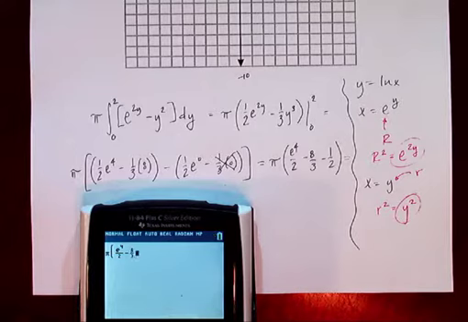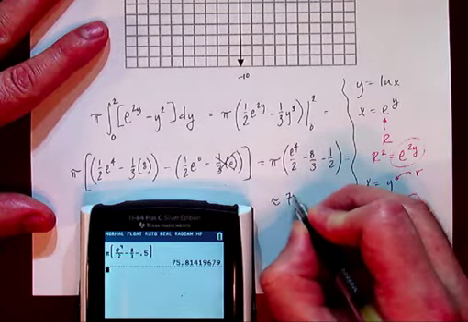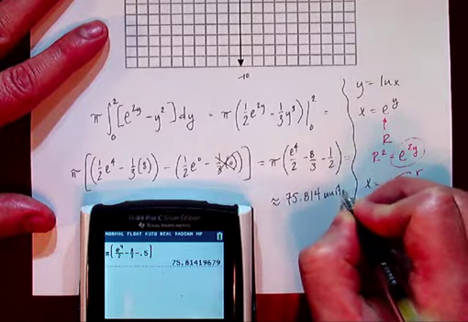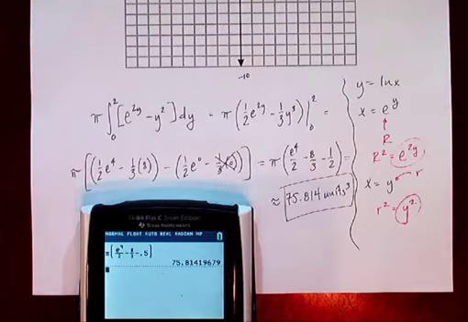And this one I can do lazy man style by dealing with it as the decimal equivalent. And I get an approximate answer of 75.814 units cubed. Okay? Now, that takes us to about 20 minutes.